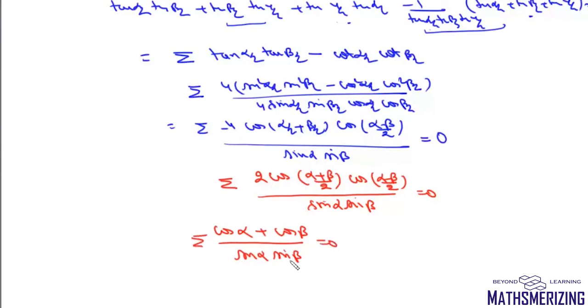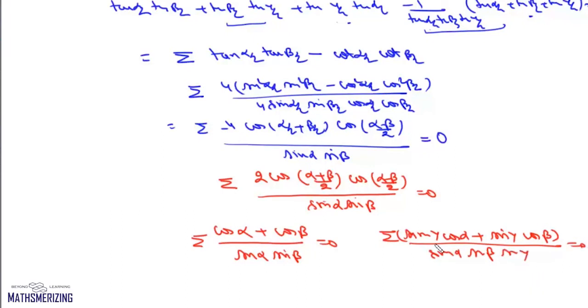Now to complete the symmetry, we'll multiply everything with sin gamma. So we can actually write this as summation sin gamma cos alpha plus sin gamma cos beta upon sin alpha sin beta and sin gamma. It should be 0.